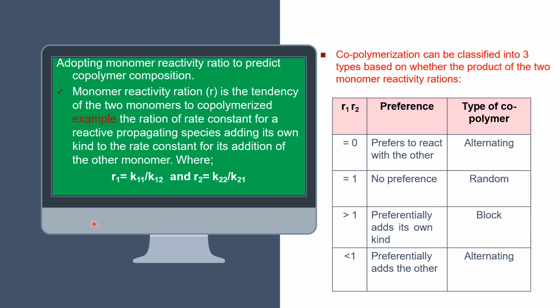Based on the value of r1 or r2, we can classify the copolymerization type as alternating, random, or block, which have different values of r1, r2, or the product r1 r2. So we can classify it into a few types of copolymers.